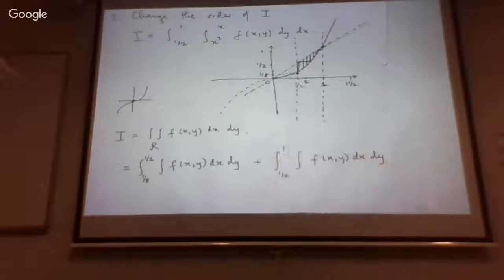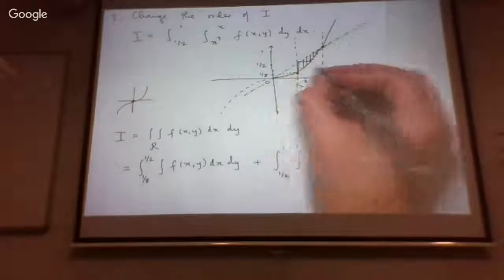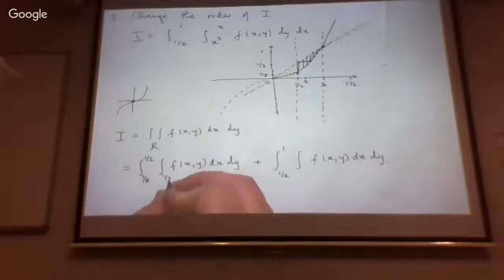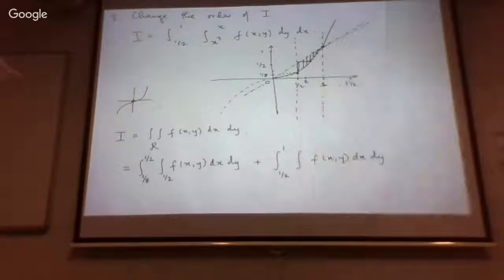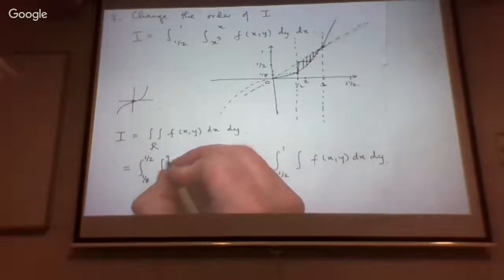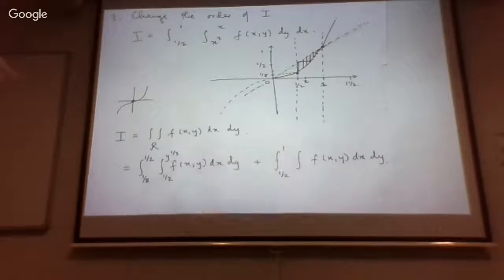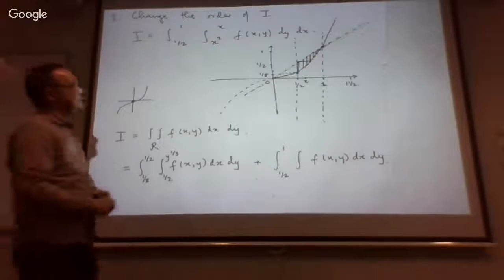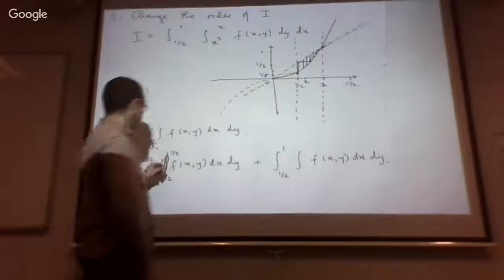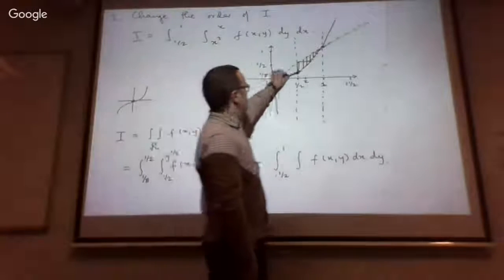In the lower portion, as we said, the x integral always begins at x equals a half, and it ends at the point on this red curve, which is x equals the cube root of y. That is, x equals y to the 1/3 is the equation of that red curve.